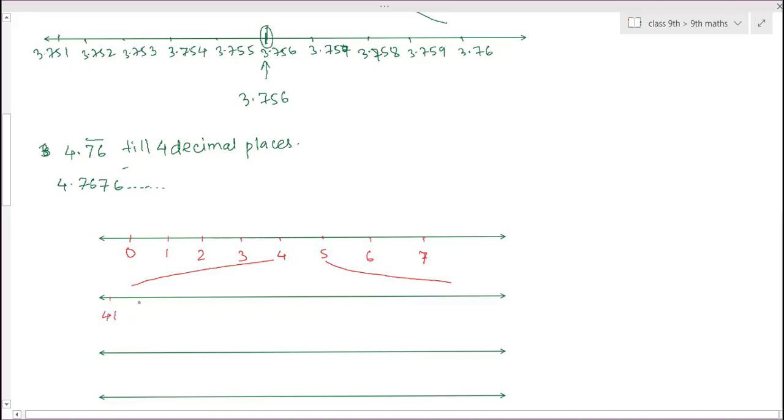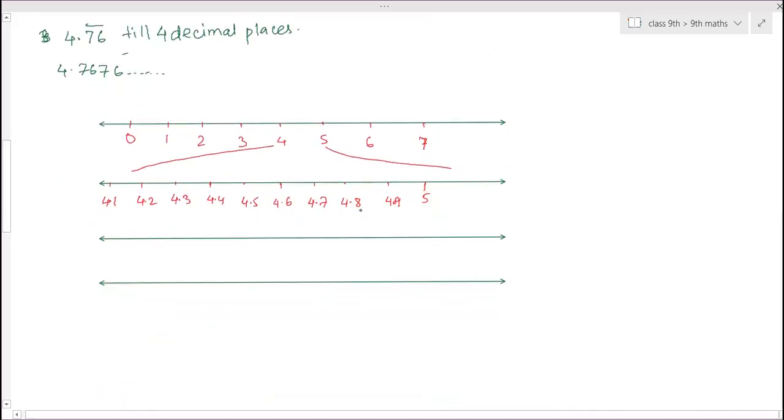This will be 4.1, 4.2, 4.3, 4.4, 4.5, 4.6, 4.7, 4.8, 4.9 and 5. The number is 4.7 but less than 4.8, so this part, 4.7 to 4.8, we have to magnify.